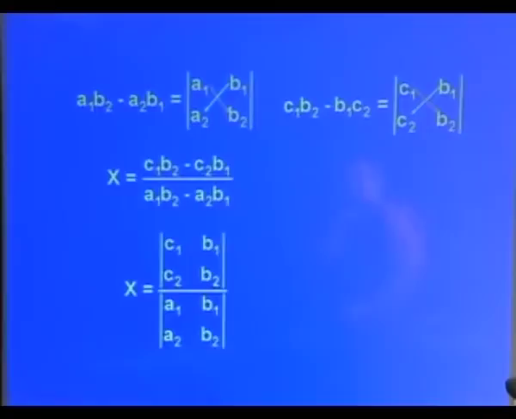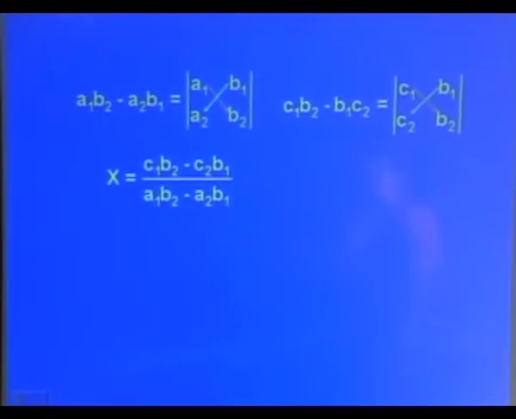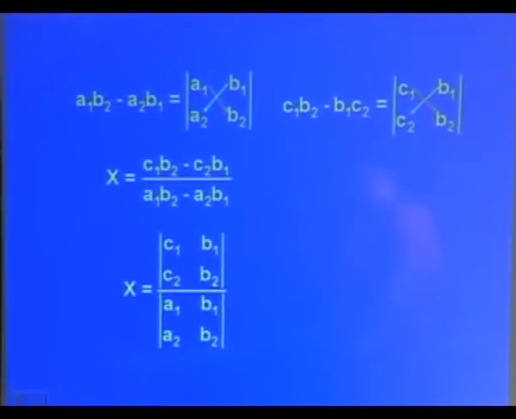We call this a determinant. The expression x is equal to c1 b2 minus c2 b1 divided by a1 b2 minus a2 b1 can be written as x is equal to determinant of c1 b1, c2 b2 divided by determinant of a1 b1, a2 b2.